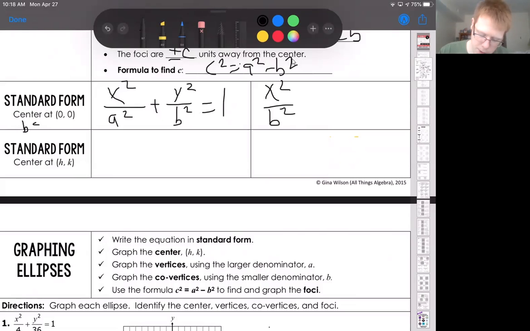One fact is that your A is always greater than B, or B is always less than A. But basically, if your x turns over a bigger number, that means that you have a horizontal ellipse. If your bigger number is under your y term, that means you have a vertical ellipse. But we'll see that when we get into some examples.